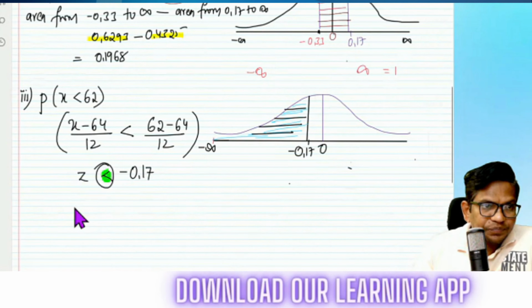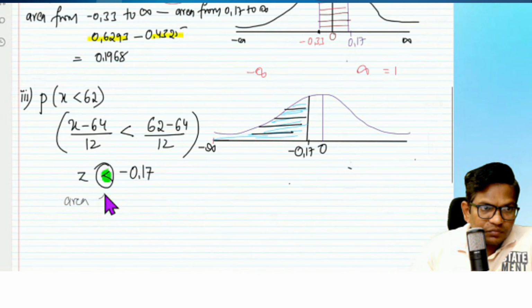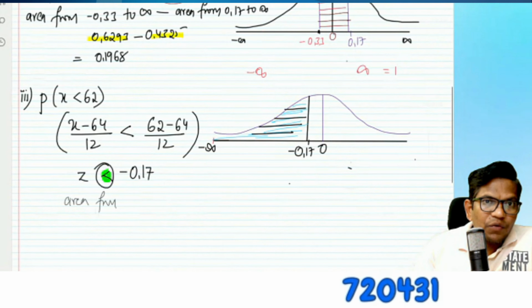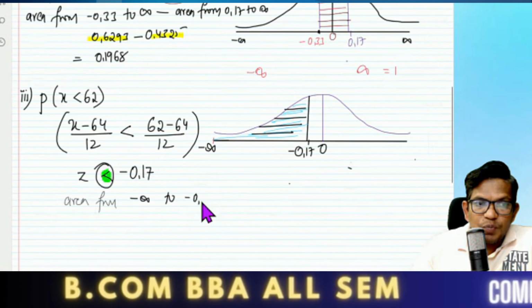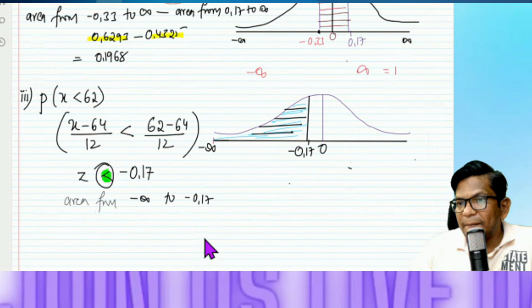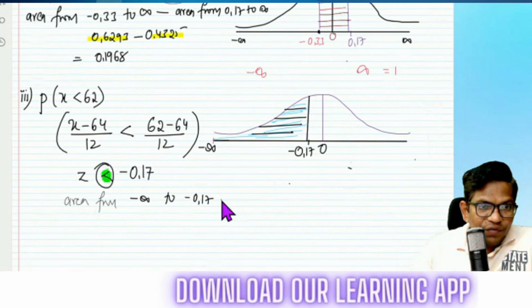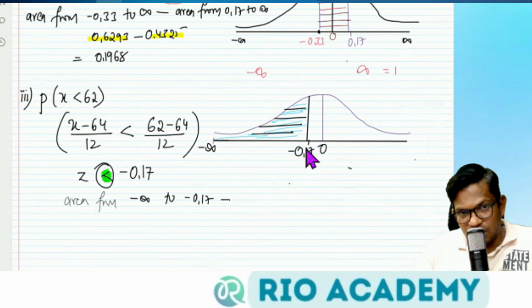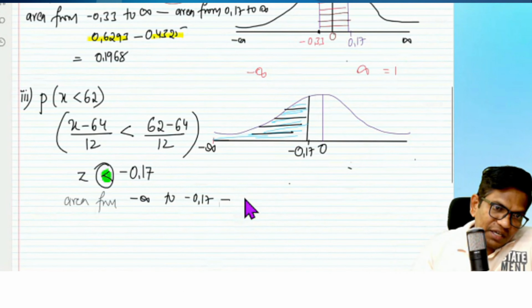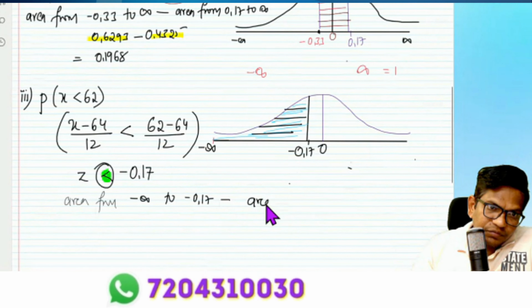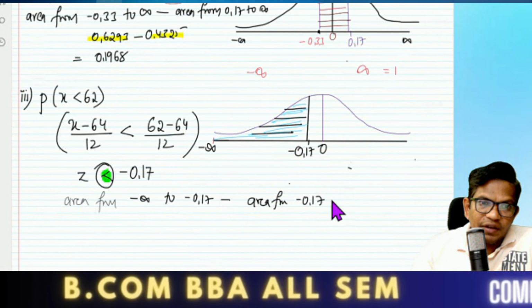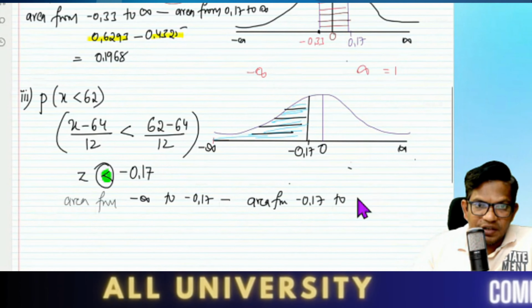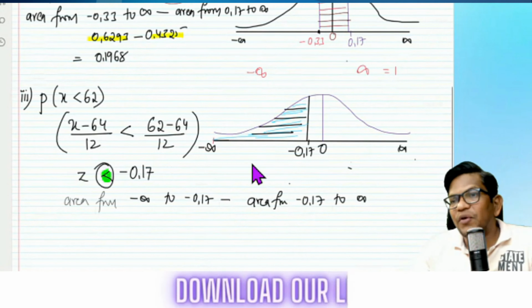Note down. Area from what, bachcho? Minus infinity to minus 0.17. Okay. From that, we have to find out the area from minus 0.17 to plus infinity, and whatever value you get, just subtract it.